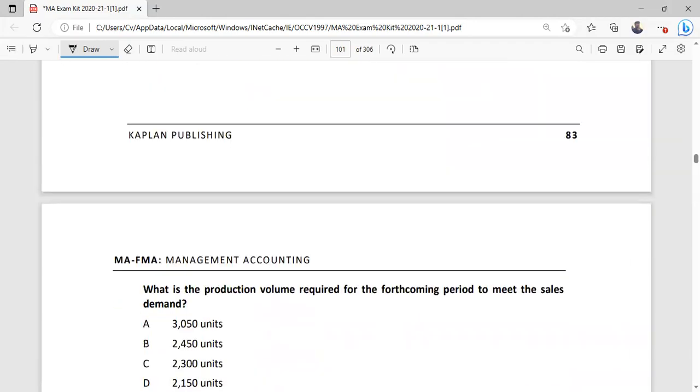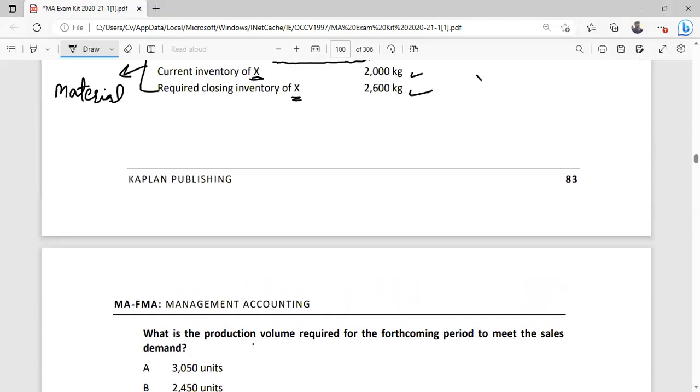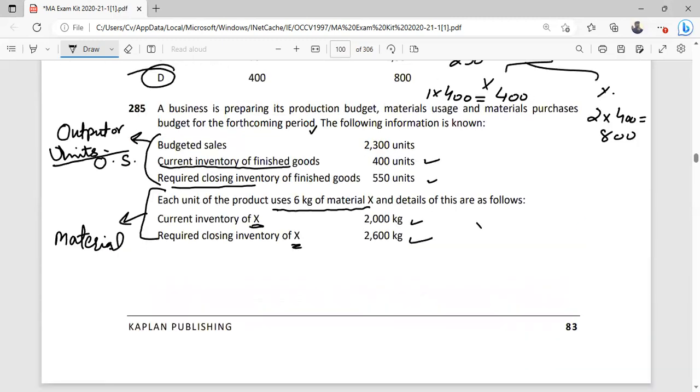What is the production volume required for the forthcoming period to meet the budgeted sales demand? We have already learned the formula: budgeted sales is 2300 plus closing inventory, which is 550, minus opening inventory, which is 400.